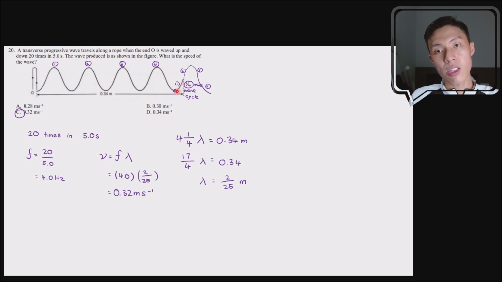So this excess will determine how much of a complete wave cycle it is. In this case, it's 1/4 because it comes back to the equilibrium position. So this is 1/4 of a complete wave cycle. So from there, you are able to determine the actual wavelength through some proportions. Okay, so that's how you solve question 20 over here. Next.